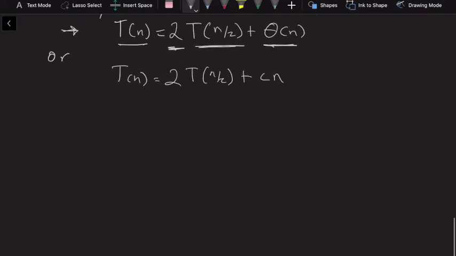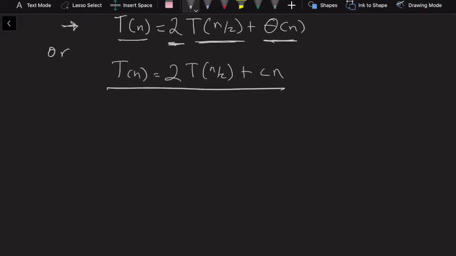So with this formulation in mind, now let's consider the following analysis, an accounting of how much work the whole merge sort is going to do.